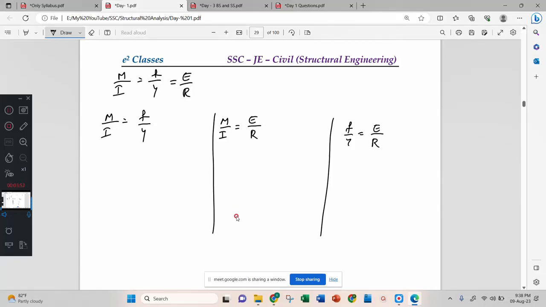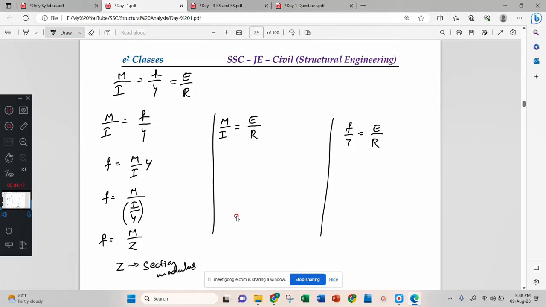F equal to M by I into Y. Then F equal to M by I by Y we can write. This Y will come down. Then F equal to M by Z we can call, where Z is the section modulus.